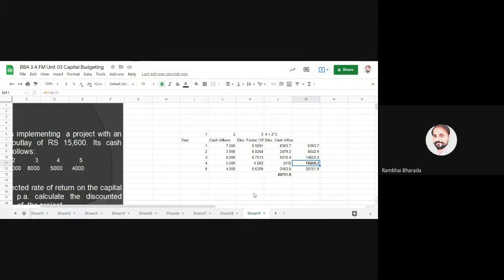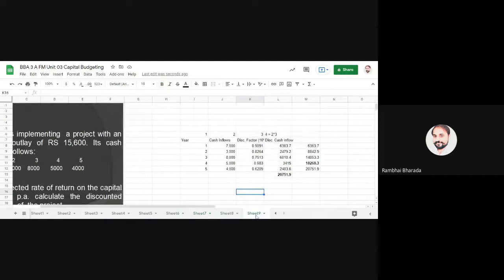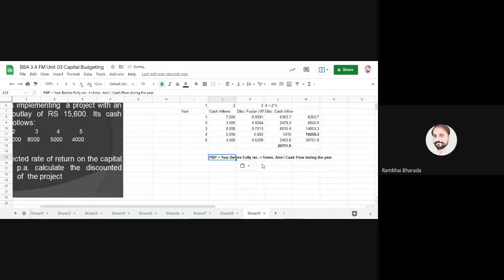For finding the final answer, we will use the formula. PBP is equal to the year before full recovery, plus the unrecovered amount. In the 4th year we have full recovery, so 3 years plus the unrecovered amount.